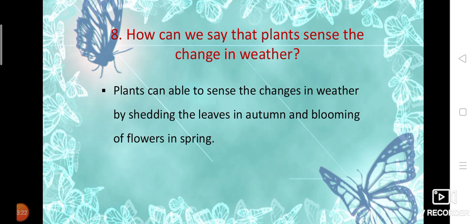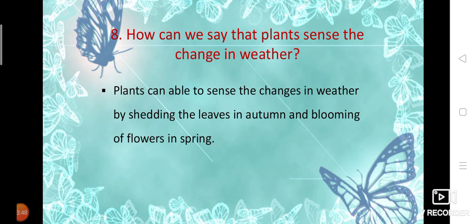And when you take autumn, you can see the shedding of leaves. That is, the leaves start to dry and change their color from green to somewhat yellow. Later the leaves will fall from the tree, isn't it? So that is called shedding the leaves. And the season in which you can observe that is autumn.